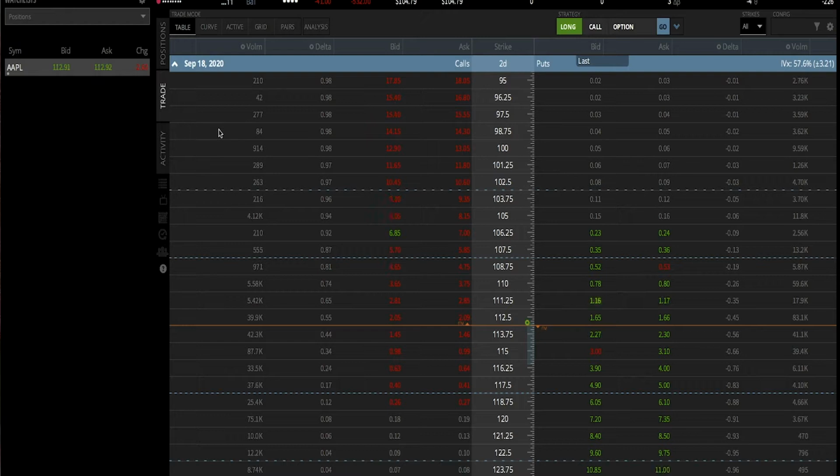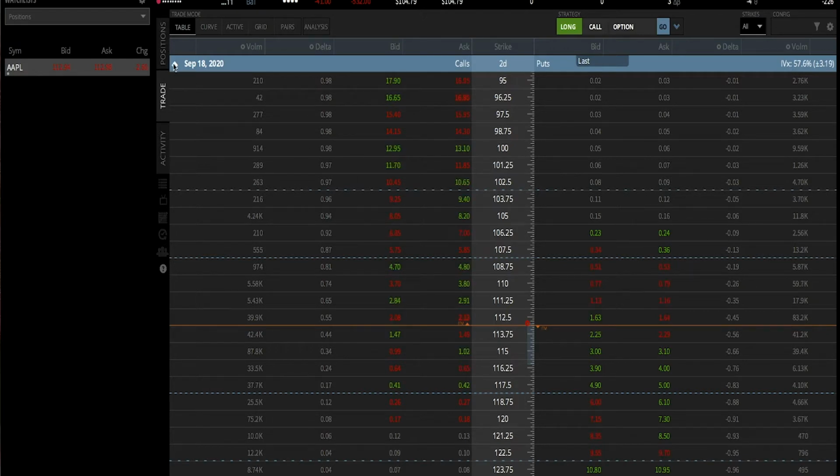So as you can see here guys, this is my Tastyworks platform, and this is the trading tab. This is what you are essentially presented with. Generally this will be the same sort of layout which you would see in any options trading platform, and what you're presented with here is all the different strike prices, and you have a drop down list.